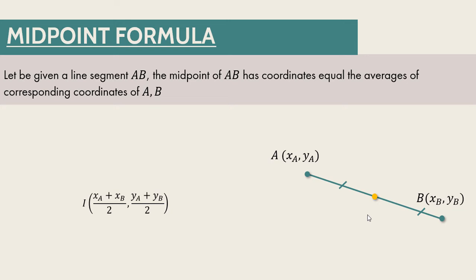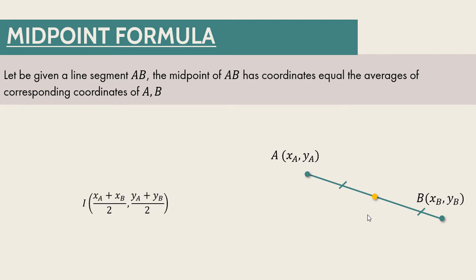Because the midpoint lies somewhere in the middle of the 2 points A and B, instinctively it has coordinates equal to the averages of the corresponding coordinates of A and B.